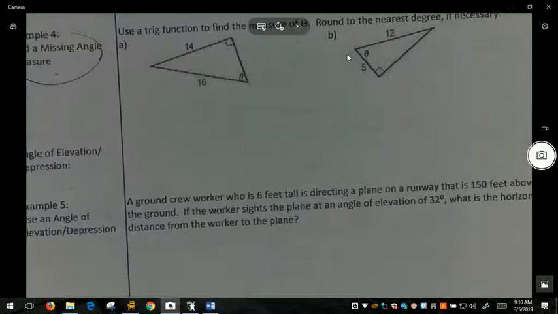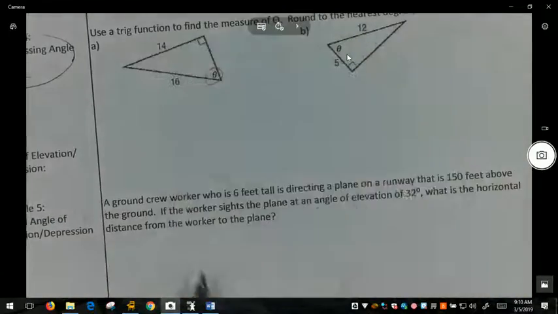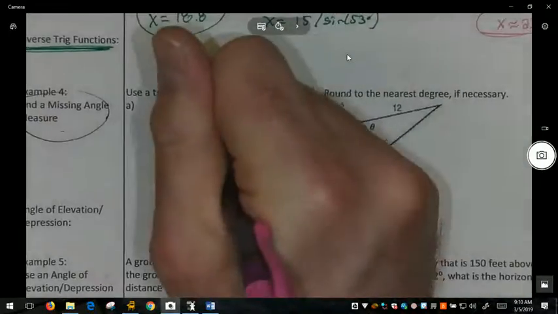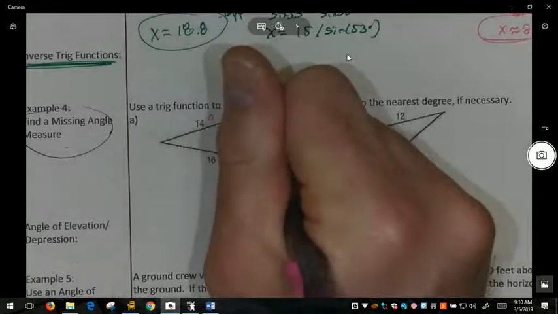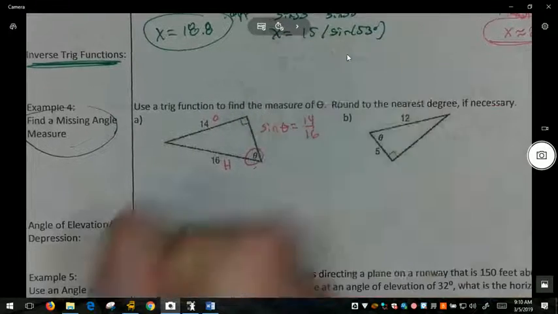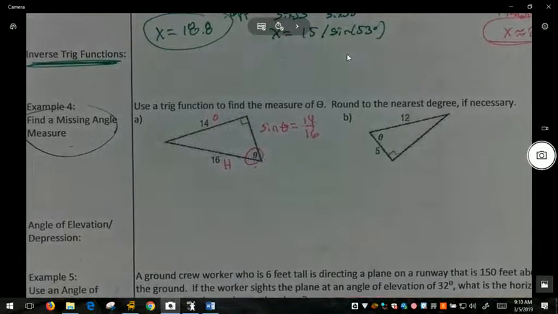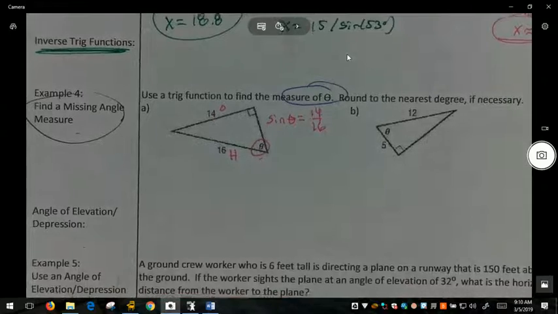So let's take a look at that on here. With respect to this angle right here, I have the opposite and I have the hypotenuse, which, you guessed it, is sine. Sine of theta equals 14/16. I could reduce it. If they asked me to find the ratio, I would be expected to reduce it. They did not ask you to find the ratio, they asked you to find the angle.